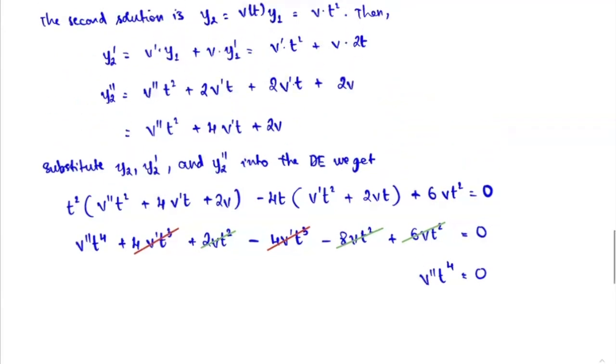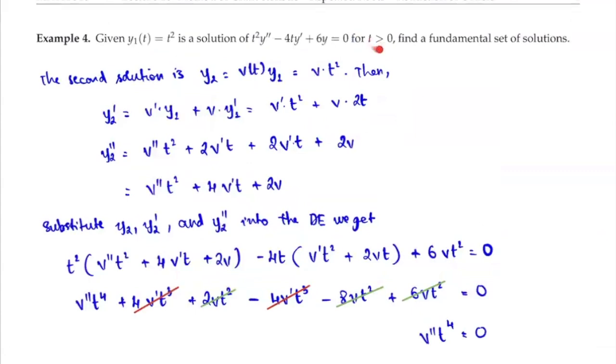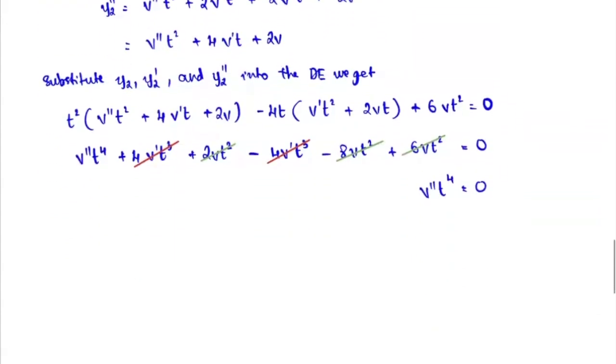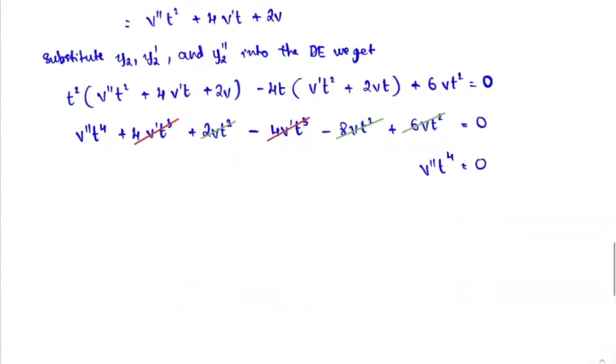Alright, another assumption that we have up here is t is greater than 0. So you can divide both sides by t to the 4th, and we only have v double prime equal to 0. And from here, you integrate the equation to get down to just the 0 derivative.